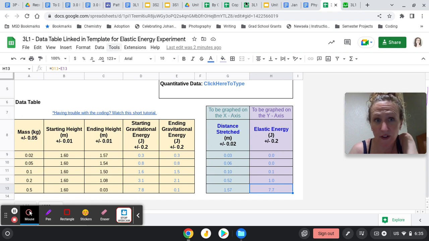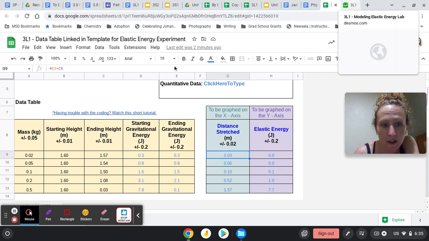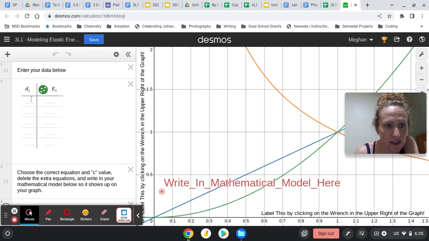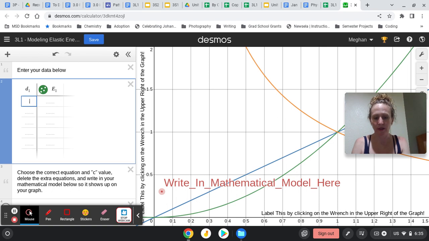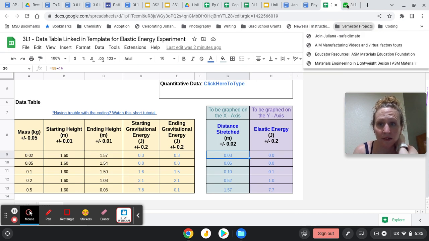All right, so let's go over to our Desmos link, and we're going to put in this data, distance stretched and elastic energy. Now, since elastic energy for my first two is 0, I'm just going to put in the 0.061 and ignore the first one. So let's go over here. Distance stretched, 0.06, elastic energy, 0. All right, then 0.1 and 0.1.